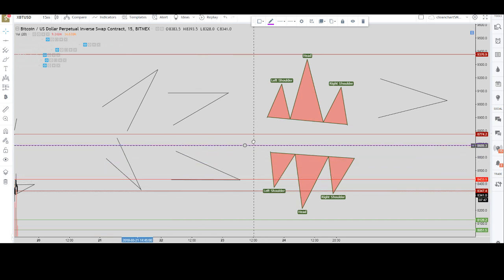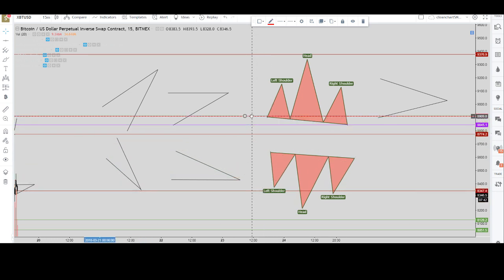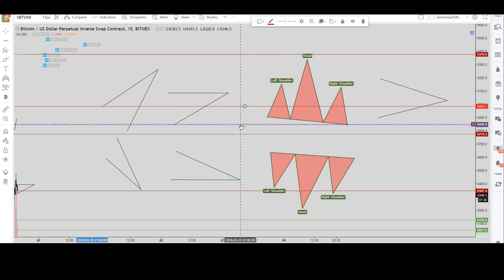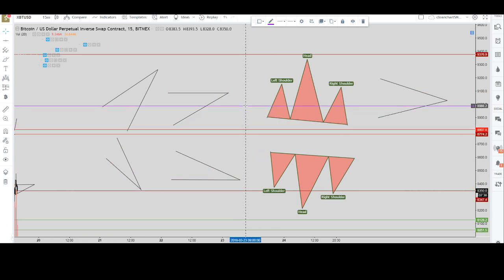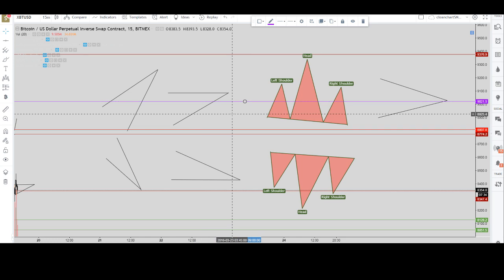Let's move over to the ascending triangle here. With an ascending triangle, you are able to enter your position towards the bottom here if you would like. Triangles, I always say this, an ascending triangle is typically a bullish pattern, but Bitcoin doesn't seem to respond to triangles very well.